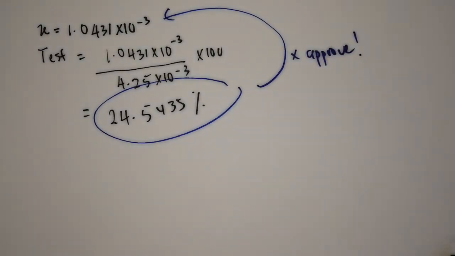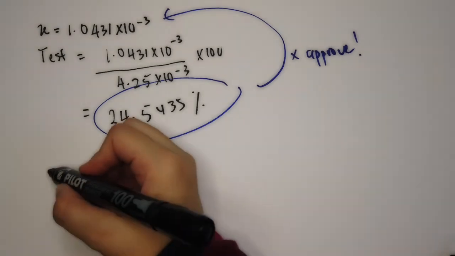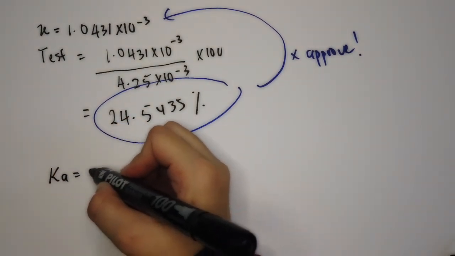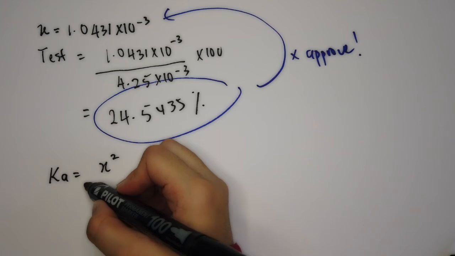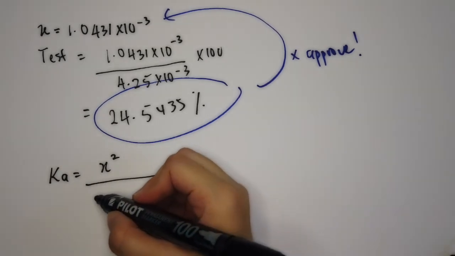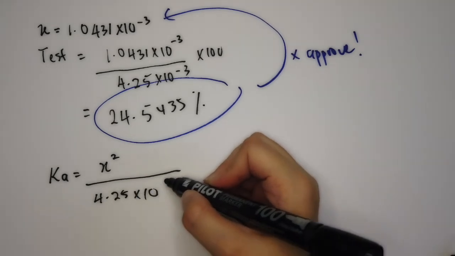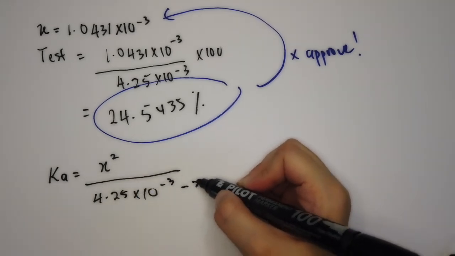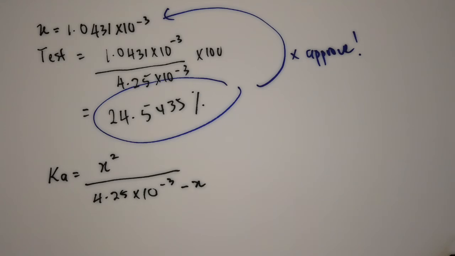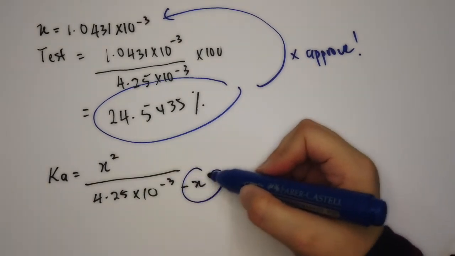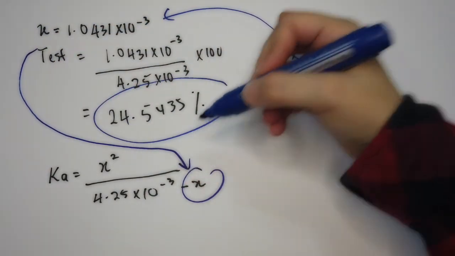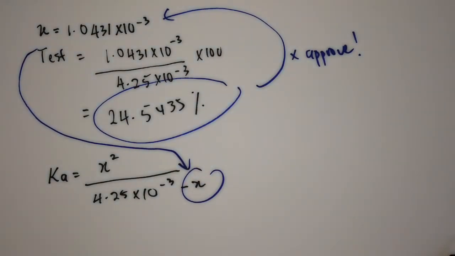Since it doesn't approve, you need to calculate the new value of X. So Ka is equivalent to X squared divided by 4.25 times 10 to the power of negative 3 minus X. We are going to use the value of X that you get, the first one, in here.